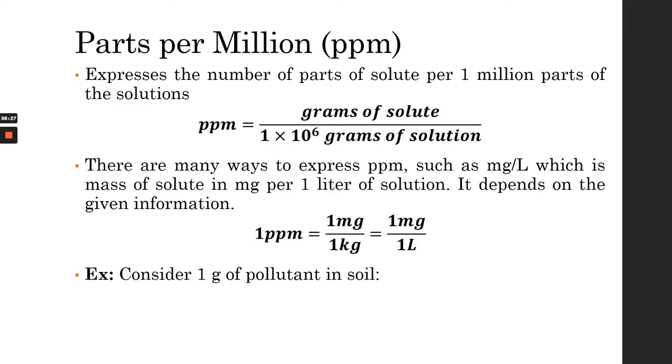Parts per million is quite easy. I'm not going to spend a lot of time here. Parts per million expresses the number of parts of solute per 1 million parts of solution. So parts per million is equal to the grams of solute divided by the grams of solution.